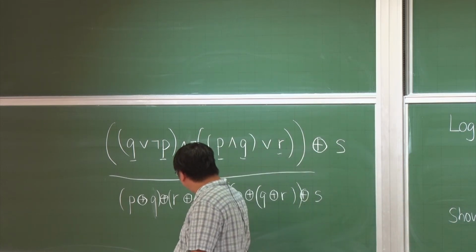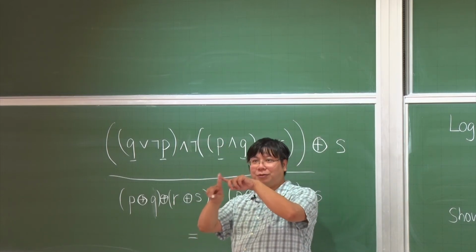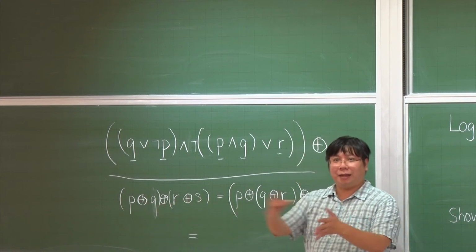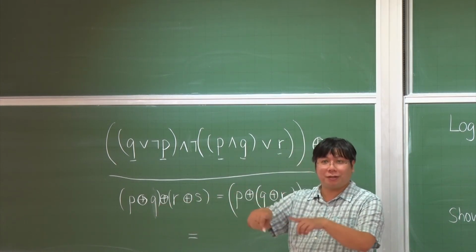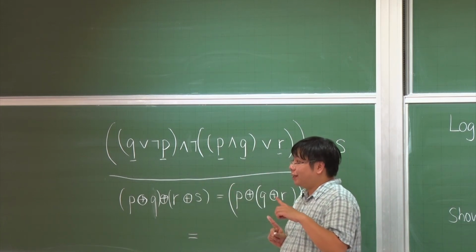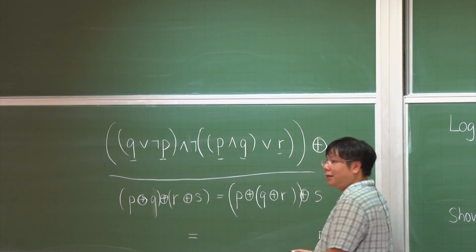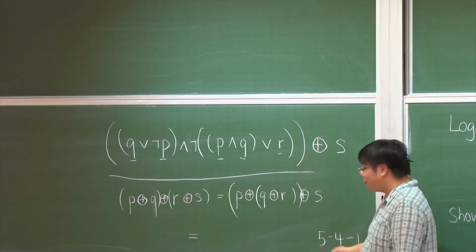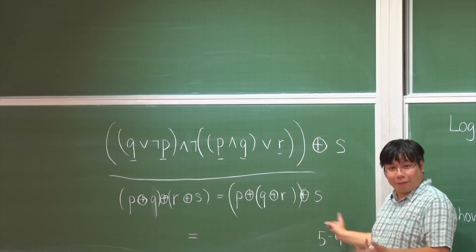We'll prove that later when we learn the induction technique. What I want to say is that this is like addition. If you add 10 numbers together, you can add the one in the middle first and then add the one outside, right? But subtraction does not work. Subtraction, like 5 minus 4 minus 1, you need to do from left to right. You cannot do 4 minus 1 first and then do 5 minus the result.